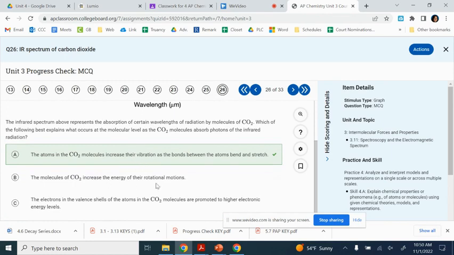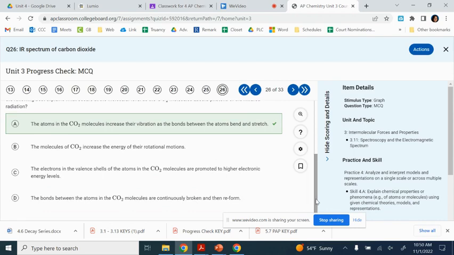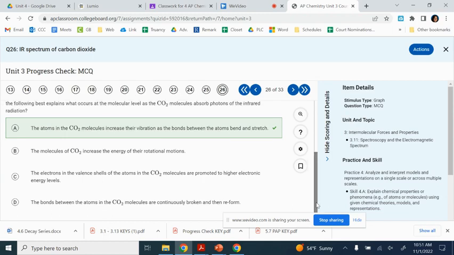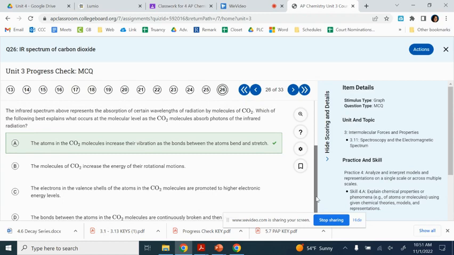If it was microwave, that would be rotational. If it was moving from energy level to energy level, that has to be electronic transition, and that is light waves and higher frequency. Did that help?